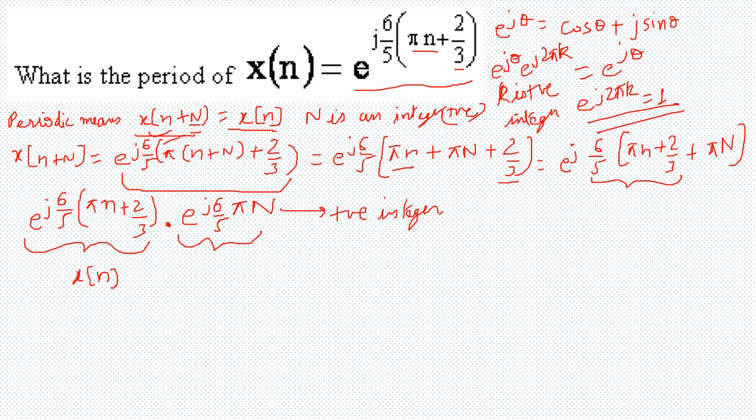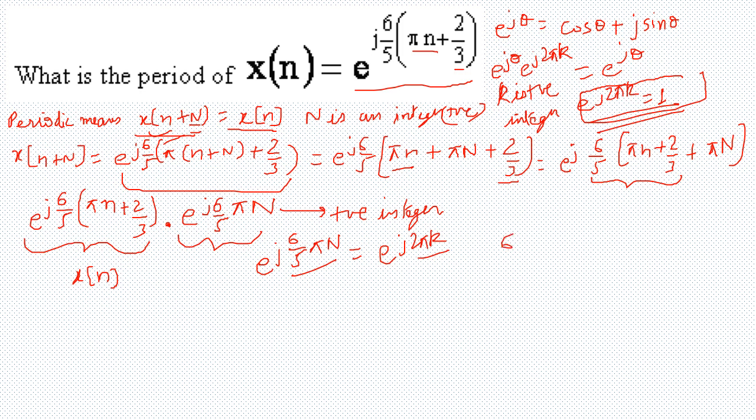So again we will be using the property that we stated earlier. We equate e^(j(6/5)πN) to e^(j2πk). Now you can see that we can compare these two.